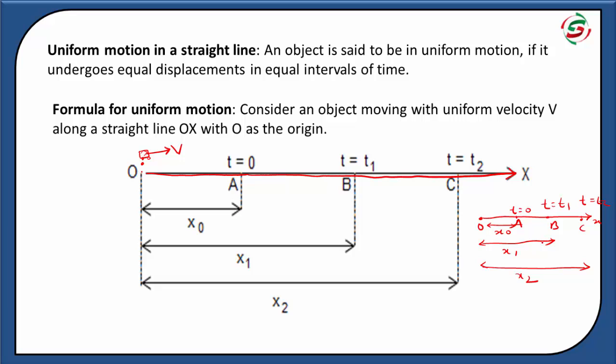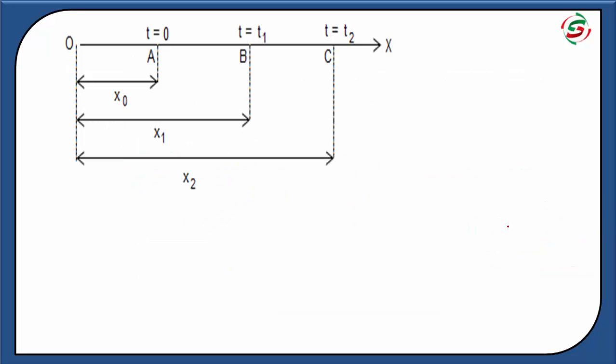Using this concept, now I am going to find the formula for this uniform motion. In this diagram, the object is at positions A, B and C when time t equals 0, t1 and t2.